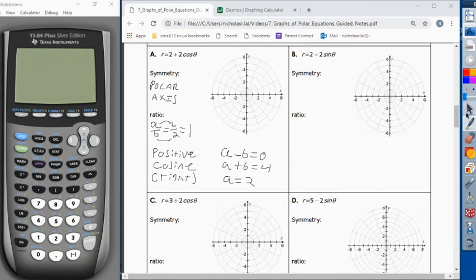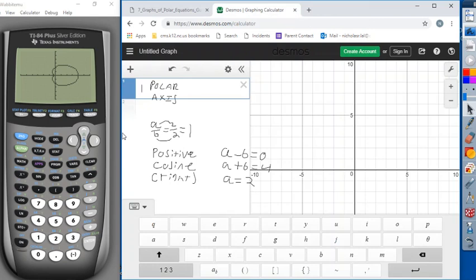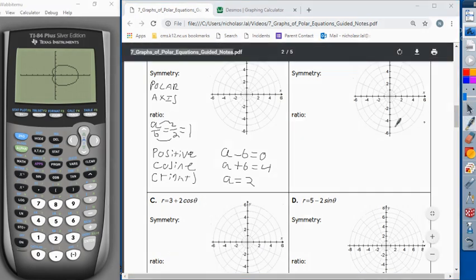We can use our calculator and Desmos to do this. So we have r equals 2 plus 2 times the cosine of theta. When we graph it, we have our cardioid. Let's look at this in Desmos as well. Well, we'll graph it first.